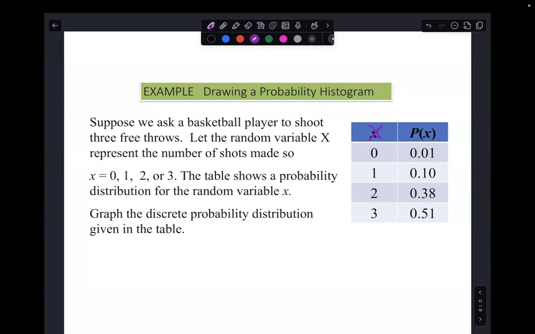Nobody would ever mark you down for using a lowercase instead of an uppercase. Anyway, our X represents the number of shots made out of each three free throws they tried. So this must be a pretty decent basketball player, because 51% of the time that person made all 3 of them. So that's pretty good.